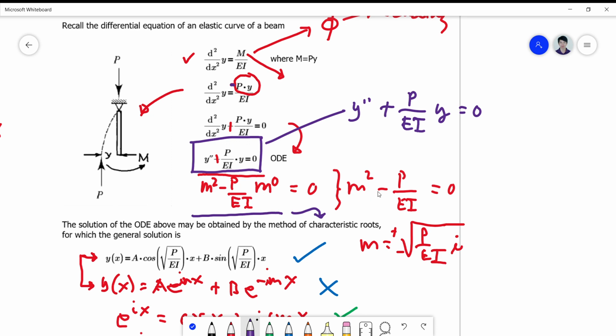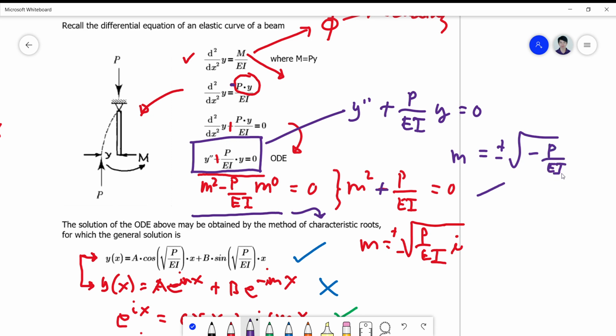So your equation now will reduce simply to this one, and if we take the root of m, this is simply equivalent to plus or minus the square root of P over EI multiplied by an imaginary number, because this is negative. Okay, so if we take m here, this is actually the square root of negative P over EI.